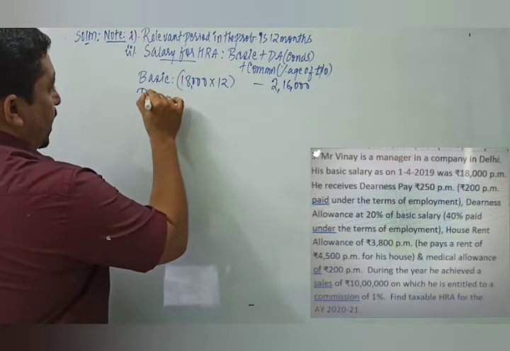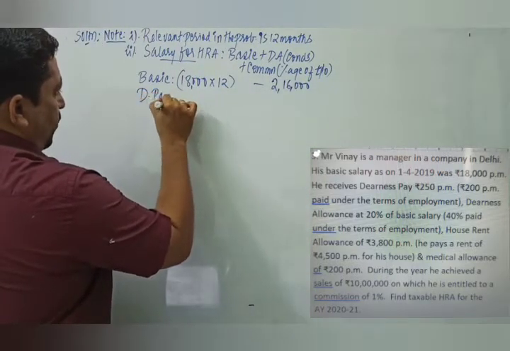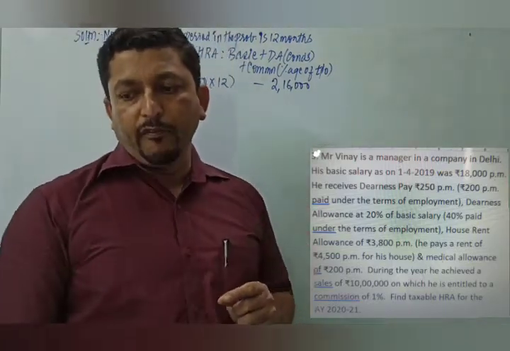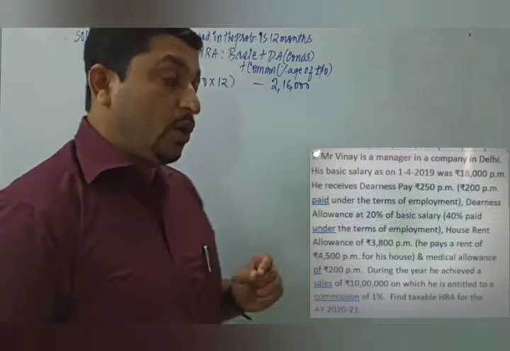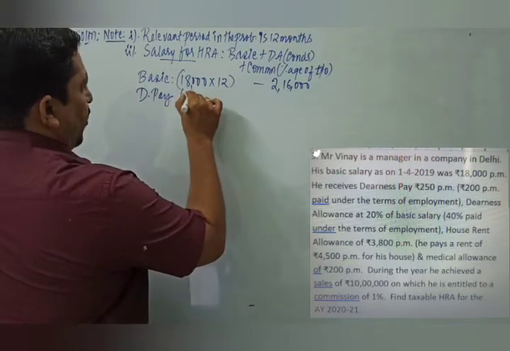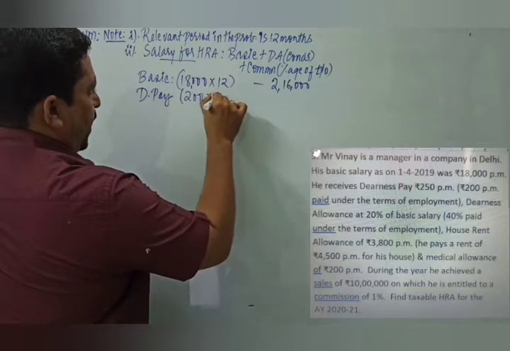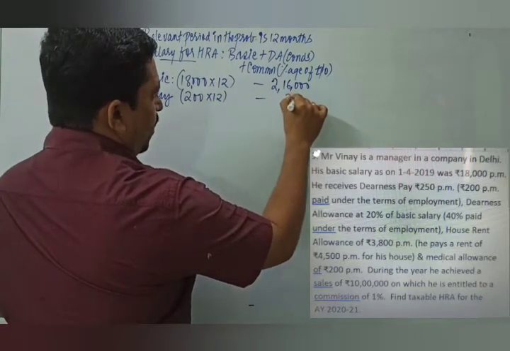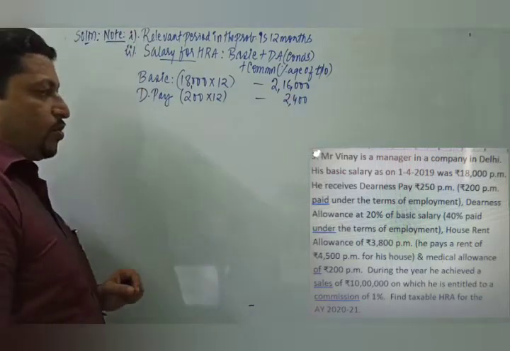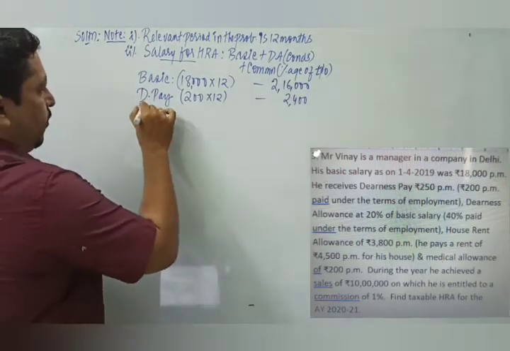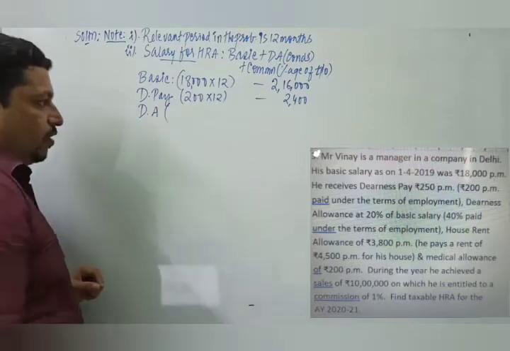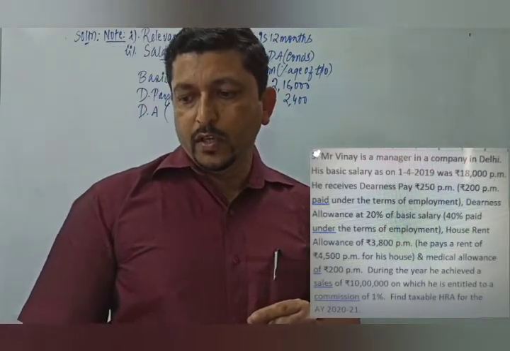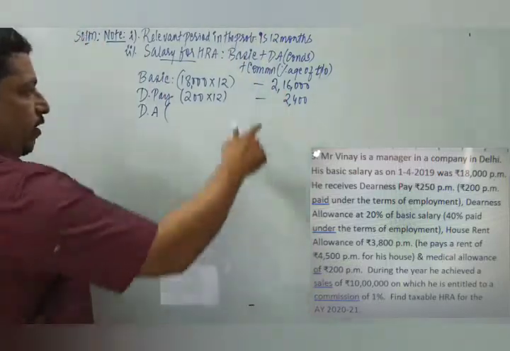Then we have Dearness Pay in this particular problem. It is given that the Dearness Pay is rupees 250 per month, of which 200 is included for retirement benefit. So we will be taking only what is included for retirement benefit. So 200 into 12 will work out to 2,400. Then we take Dearness Allowance. What is the rule? It says we take 20% of basic.